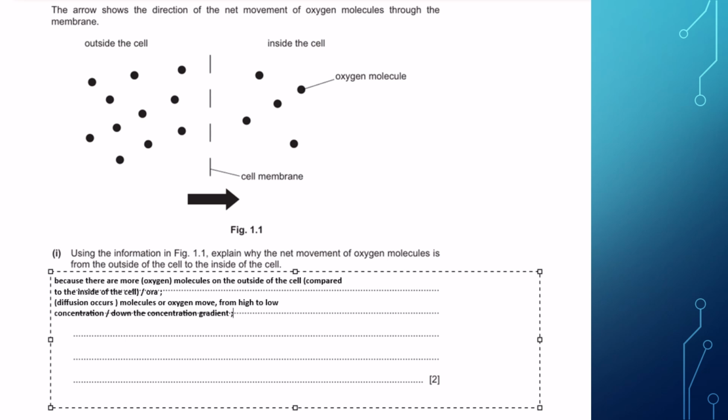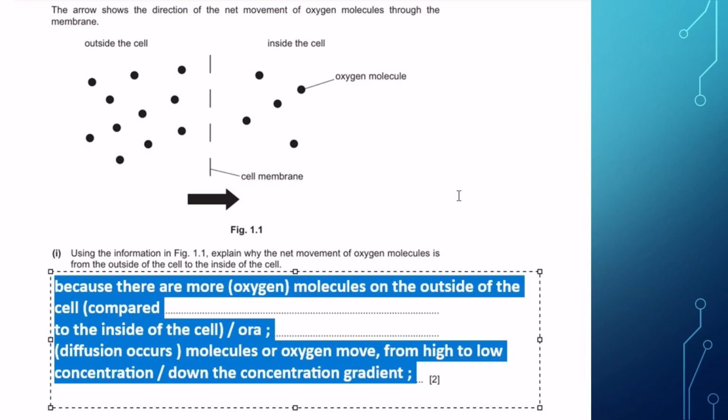How could you answer that? Well, I'd say that there's more oxygen on the outside compared to the inside, then diffusion occurs as molecules move from high to low concentration, or down the concentration gradient. So these figures, this one and this for osmosis and for active transport in chapter 3, are also a few good figures to look at.